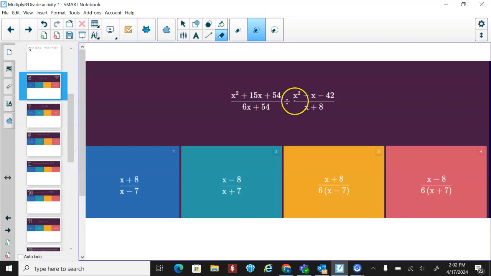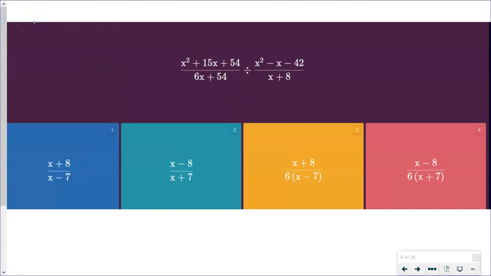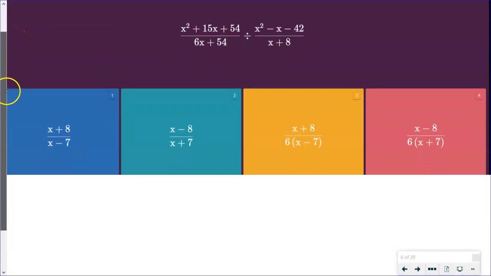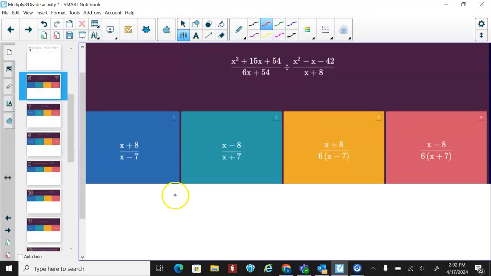So here it's a division, so what I need to do is, let me make it smaller, okay? Remember, we keep, change, flip, alright? Okay, keep, change, flip. Alright, so let's just make sure we're on the same page.